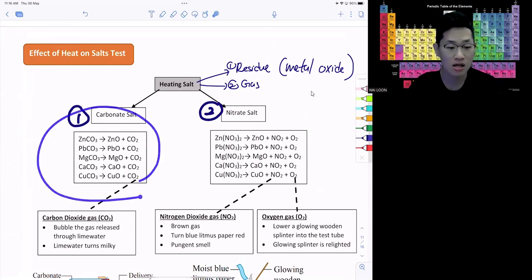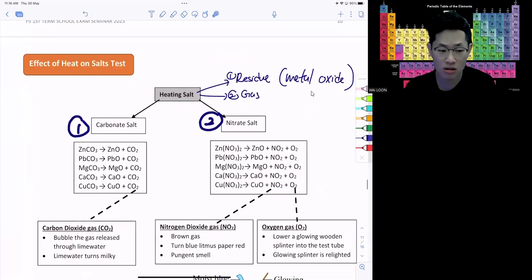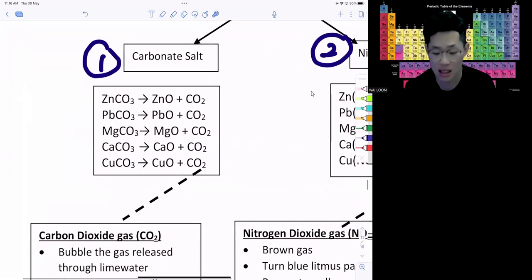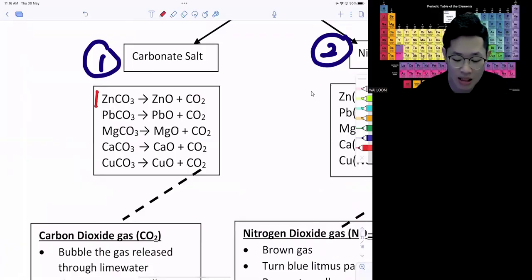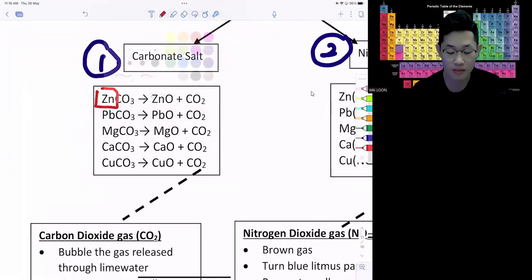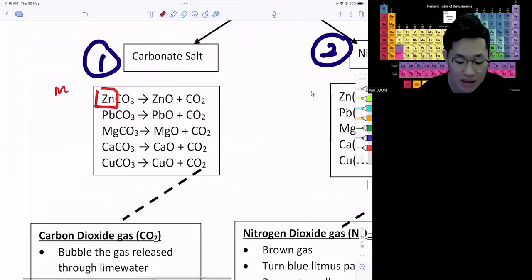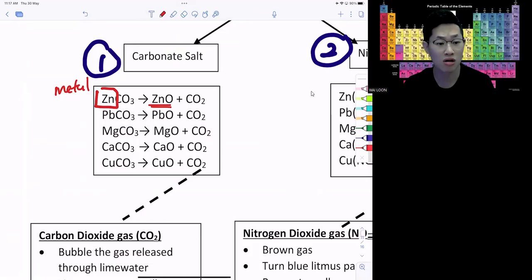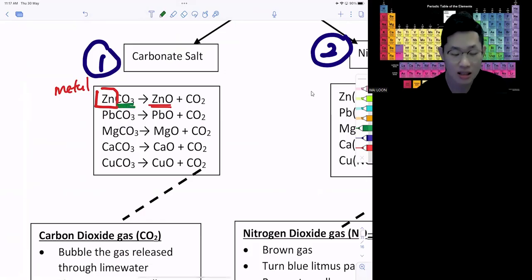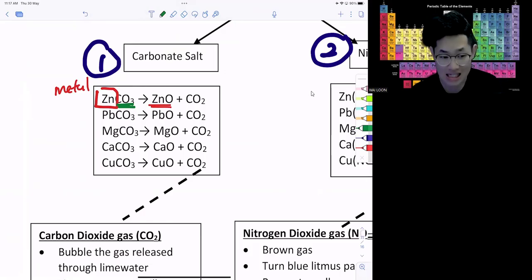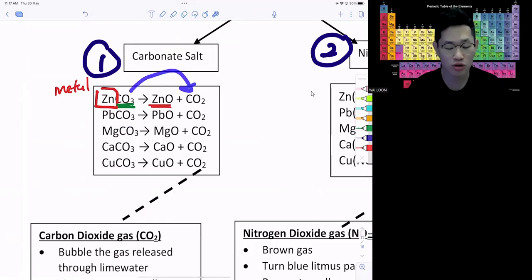So let's look at this. When we are heating a carbonate salt, it can be any carbonate. If I'm heating zinc carbonate, zinc is the metal, so you see, zinc oxide, metal oxide. Then the part at the back produces the gas. It decides what gas is produced.